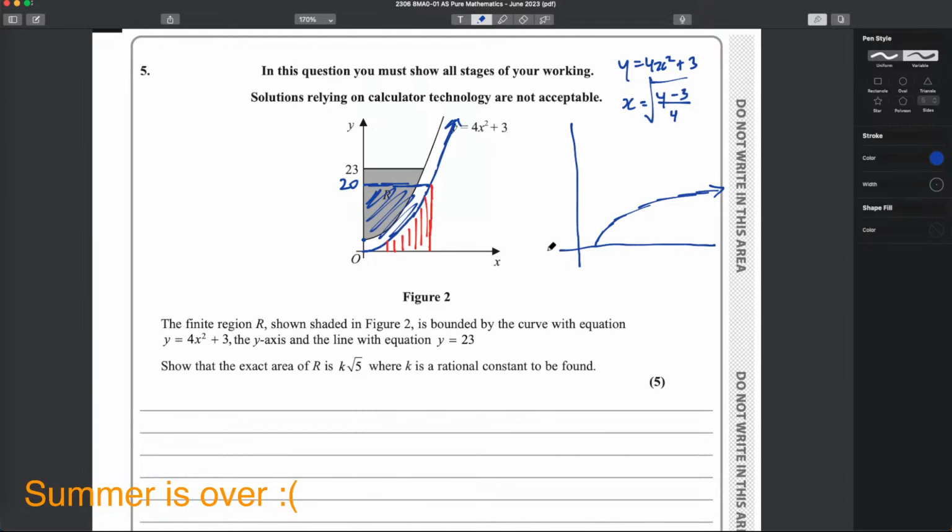Don't you need the inverse? This would be y equals the square root of x take 3 on 4. Then the integral becomes much harder. And I don't want to do this integral.